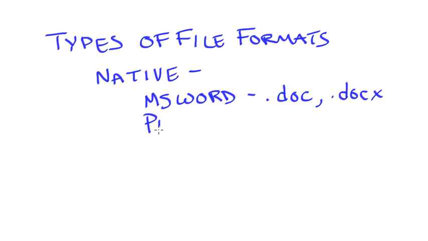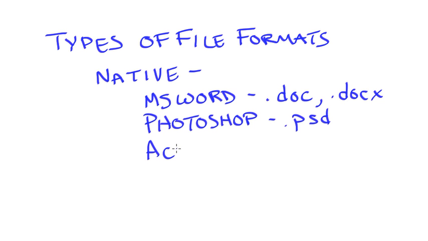If we were to save a file in Photoshop, the native format is the .psd. Again, that doesn't mean that Photoshop can't save in other formats. It doesn't mean that other programs can't save files as PSDs. What it means simply is that Photoshop, its native format is the PSD. Another example, Adobe Acrobat. Its native file format is the PDF. So that's what I mean by native.